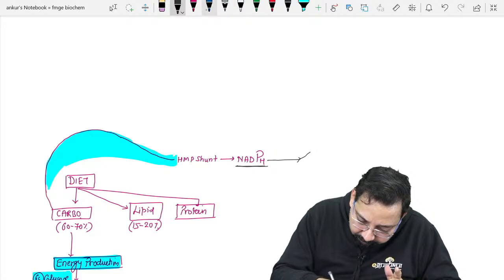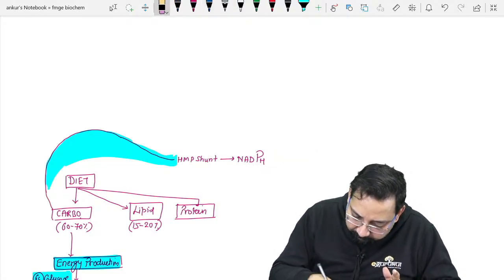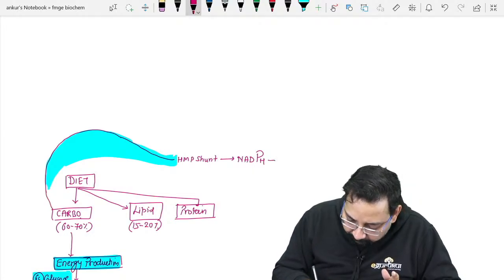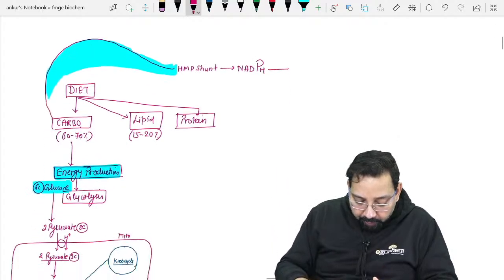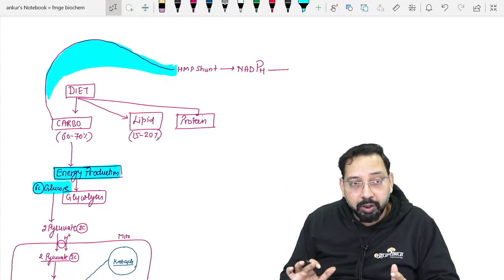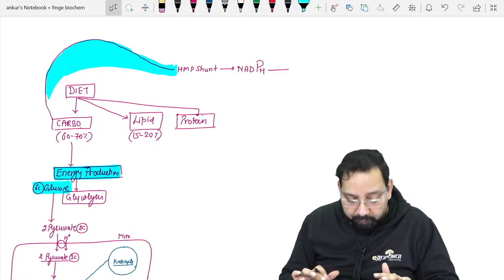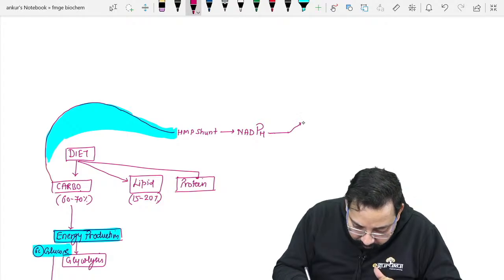Sorry, I should take again, the color should be red. Why red? I have chosen red initially, so everything I am mentioning in red is activated by insulin. I will tell you, don't worry. NADPH is used in fatty acid synthesis.